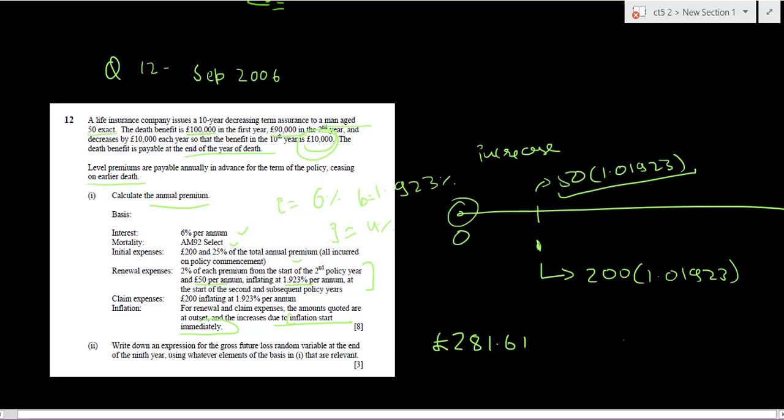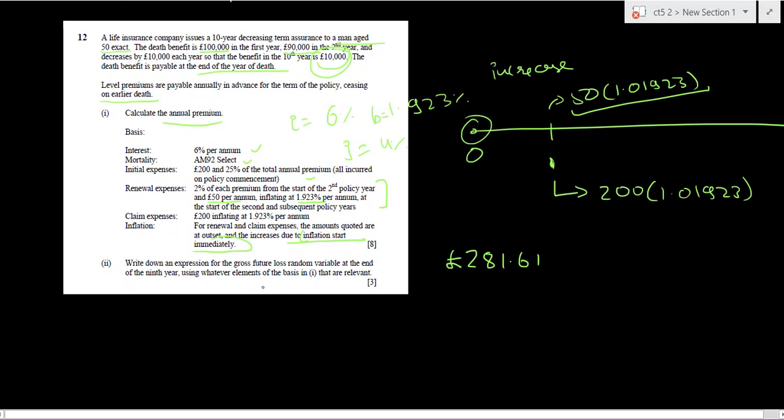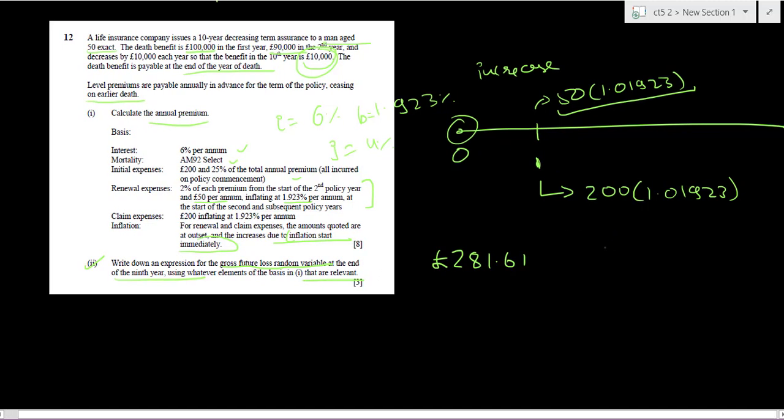Here what I'll be doing instead is writing the expression for the gross future loss random variable, which is the second part of the question. So write down an expression for the gross future loss random variable at the end of the ninth year using whatever elements of basis in 1 that are relevant. So that is the question. So you have to write the gross future loss random variable at the end of the ninth year.